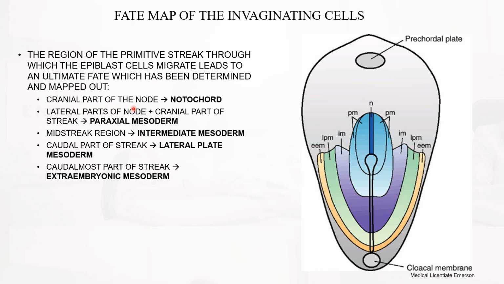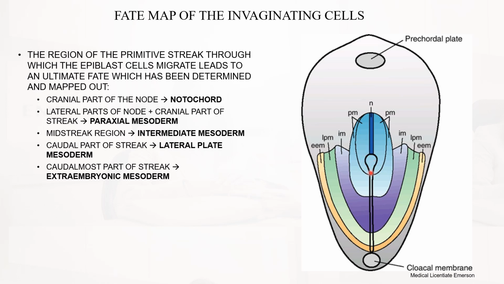The cranial part of the node becomes the notochord. Then the lateral parts of the node plus the cranial part of the streak will become the paraxial mesoderm. Then the mid-streak region becomes the intermediate mesoderm. So this is what we're talking about. The node becomes the notochord.